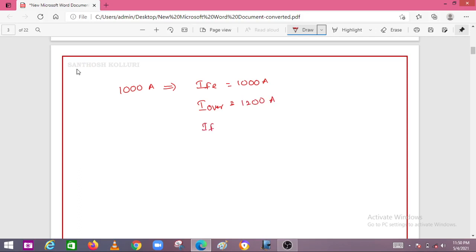Other than this overload current, the relay must operate whenever there is a current flowing through the equipment which is more than the overload. That means a minimum fault current is, let me say, 1400 amperes. Then the maximum fault current that can be withstood by the circuit breaker contacts is 10,000 amperes.